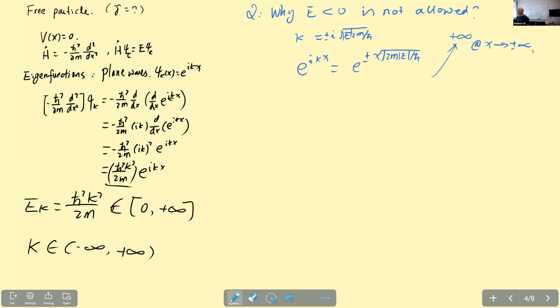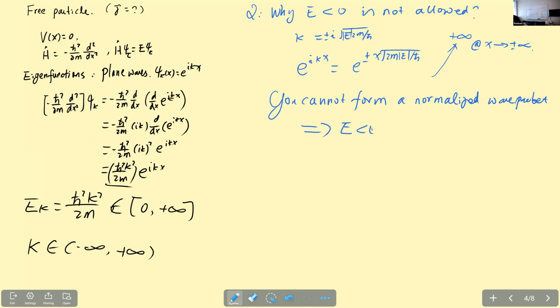So that means you cannot form a normalized wave packet. So E less than 0 is unphysical.